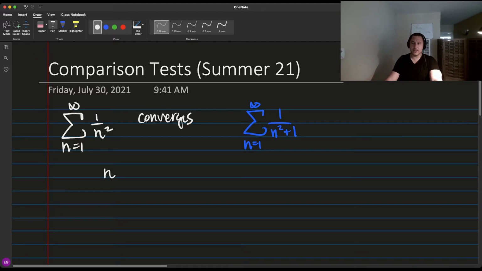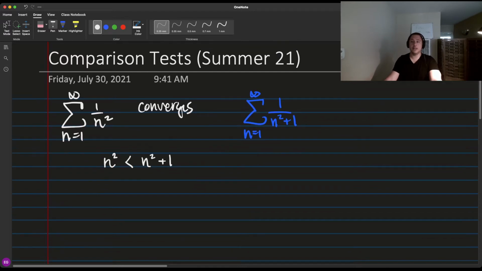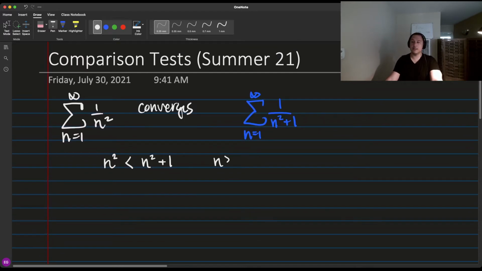Let's start with n squared. We know that n squared is less than n squared plus 1. Now, assuming that the number you're plugging in is greater than or equal to 1, if you take the reciprocal, that relationship changes. So 1 over n squared will therefore be bigger than 1 over n squared plus 1.